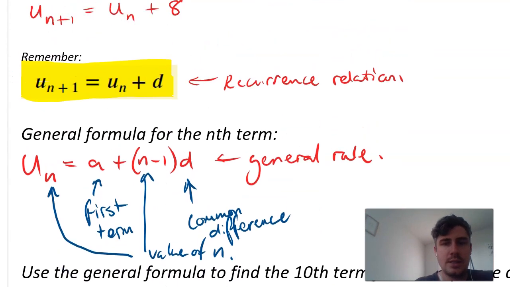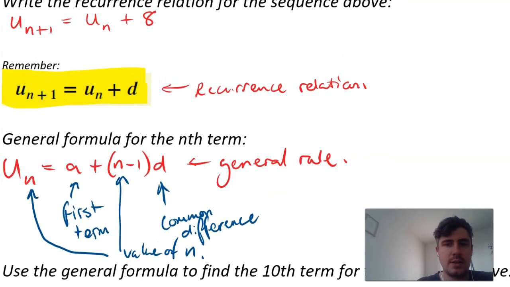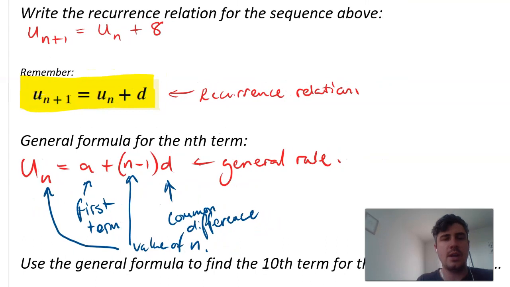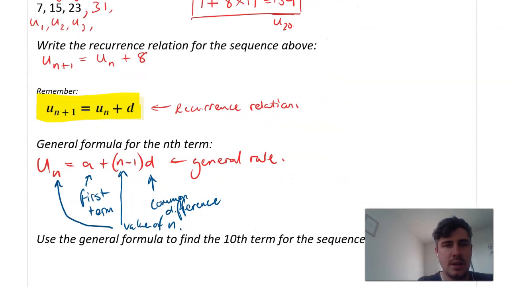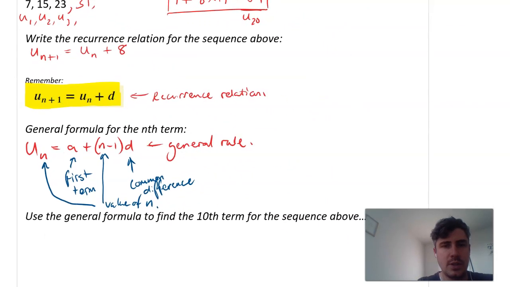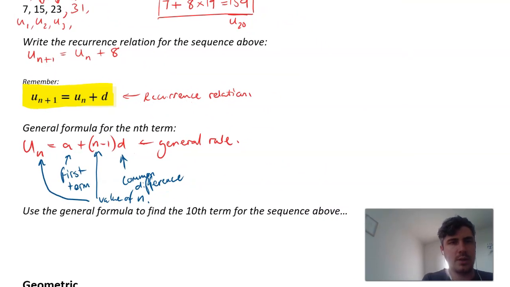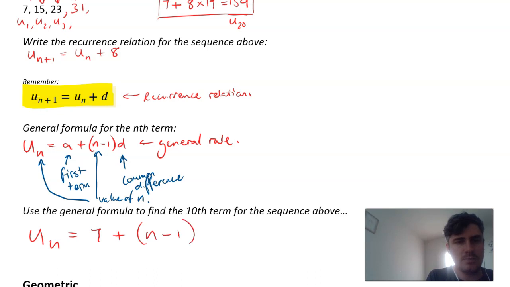So we can use this to find general rules. If I want to create a general rule for the sequence above, I can use this formula to do it. So what I want to do is substitute in all my values. So un is equal to a, which is 7, plus n minus 1 times the common difference of 8.